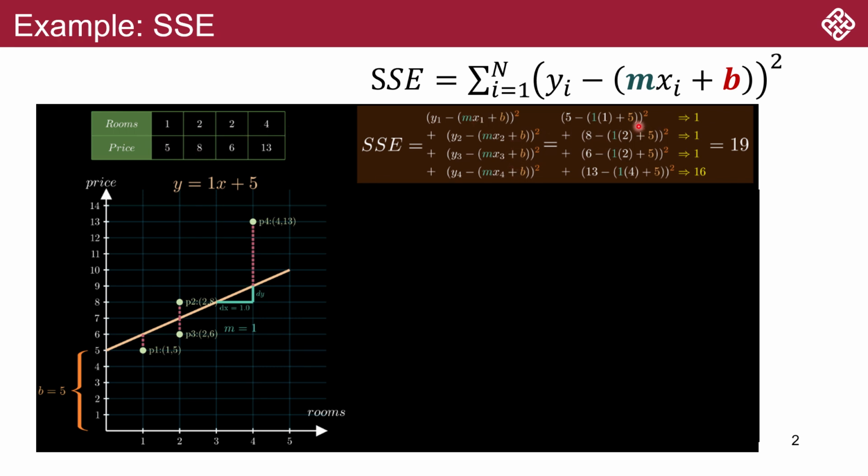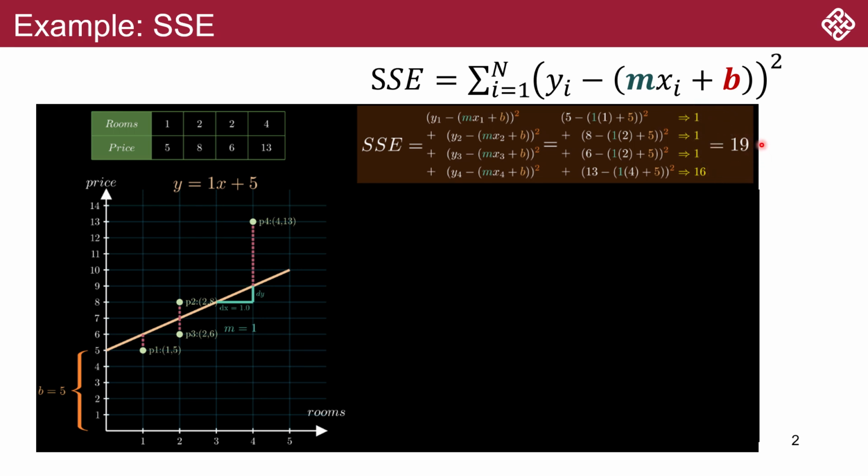So here you have 1, 2, 2, 4, and then y equals mx plus c. You have the estimated value from the linear equation, and you also have the true value, the correct points, which are 5, 8, 6, 13. We put the correct points here, square the differences, and calculate the final result.